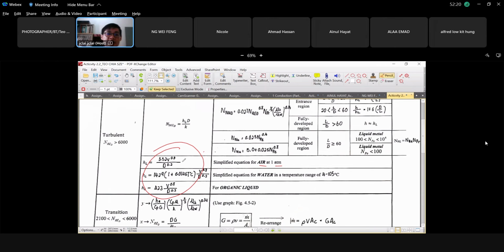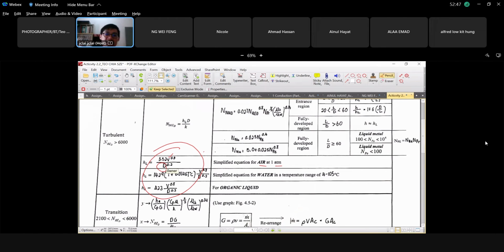Why do we have this? Because it's very simple, right? You don't need to go and search for the rho value, the mu value, all this. You only need to know the velocity of the air and the diameter of your pipe. So it's very convenient.